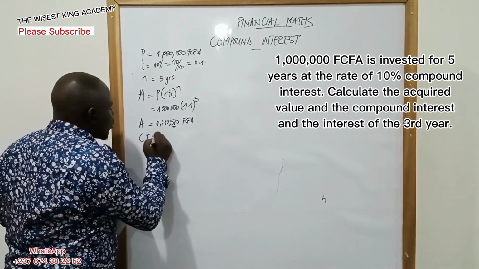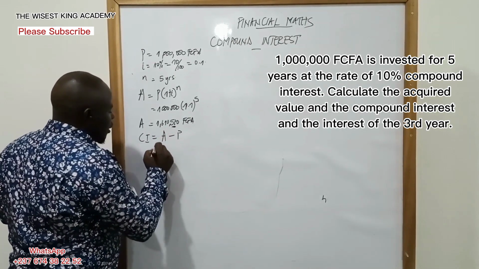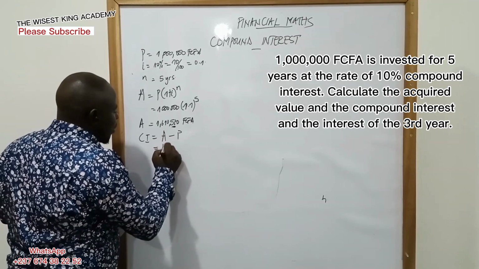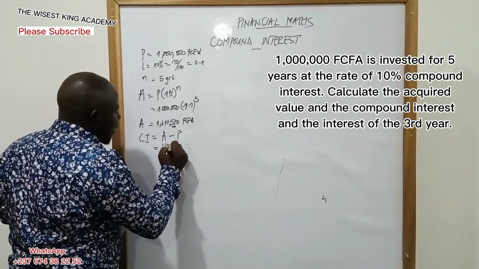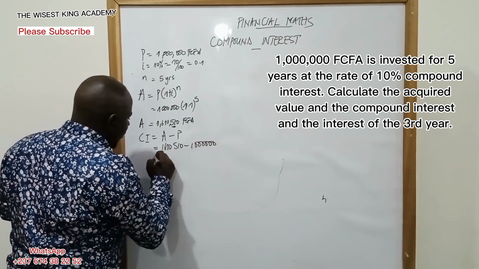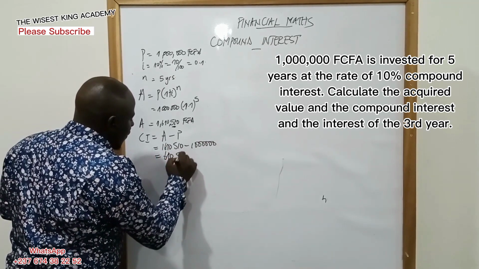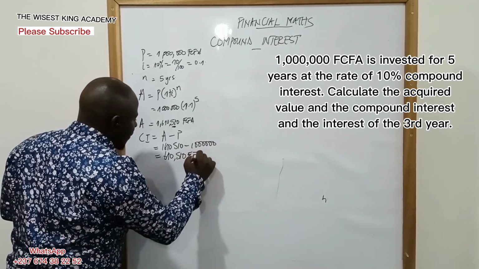The compound interest, we can take directly the acquired value minus the principal, which is 1,610,510 minus 1 million, which will be equal to 610,510 francs CFA.